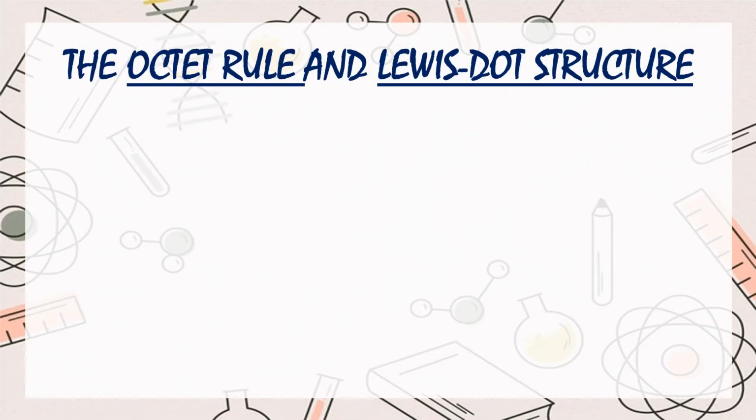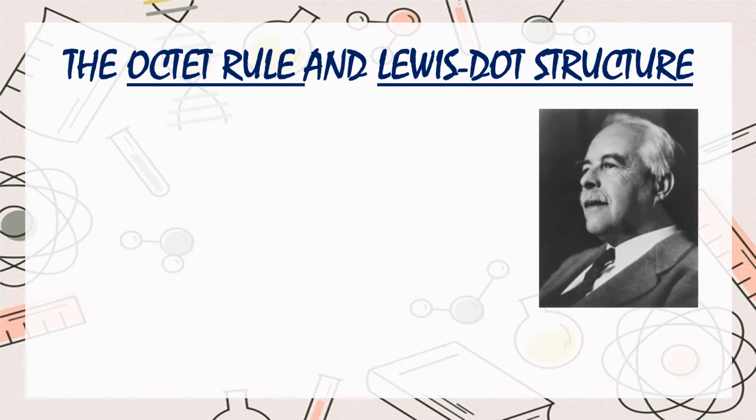But before we proceed to ionic bonding, let us first try to unlock two important terms. We have here the octet rule and the Lewis dot structure. The Lewis dot structure, also known as the Lewis electron dot structure or just Lewis structure, was developed by Gilbert Lewis.